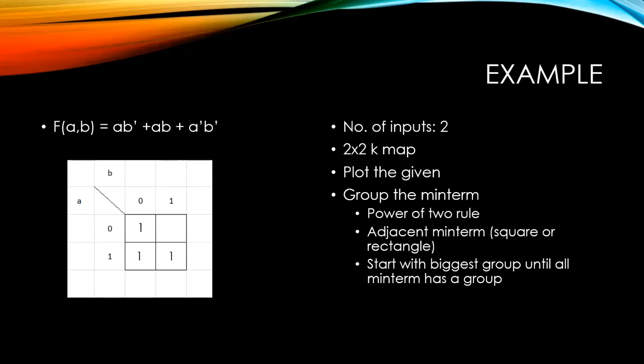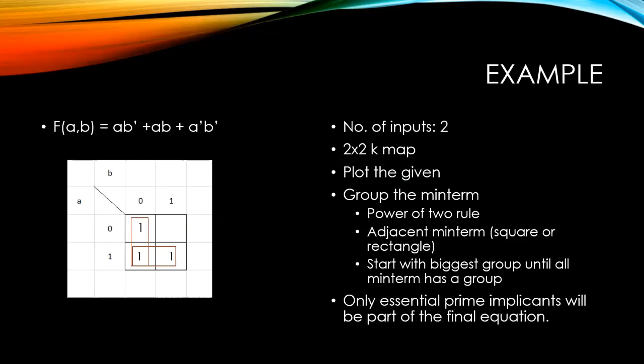Since it is impossible to have a group of 4, the next biggest group is 2. So we could group this min term as one group and another group for this set of min terms. Okay, since all min terms have a group, now let's proceed with the next step.